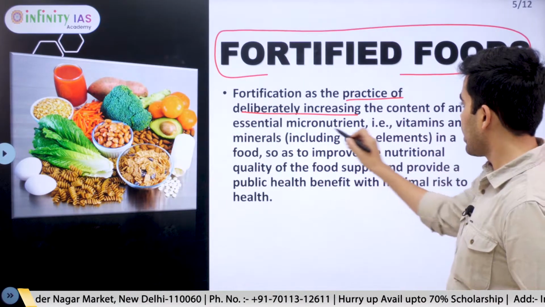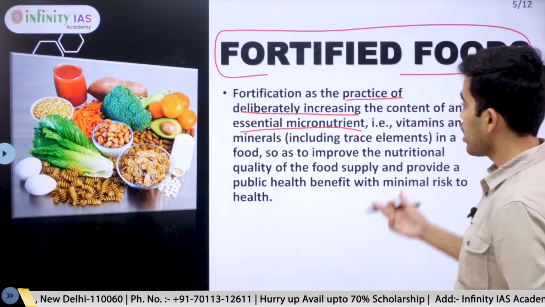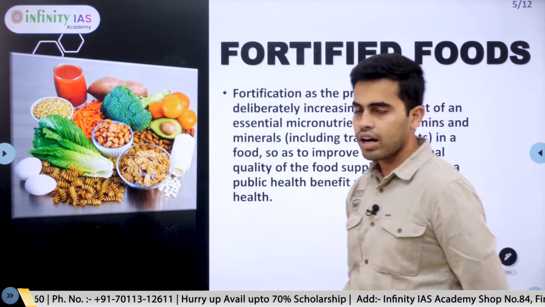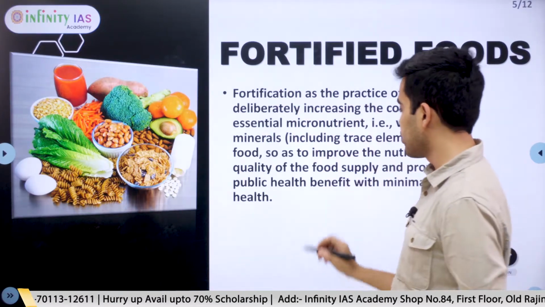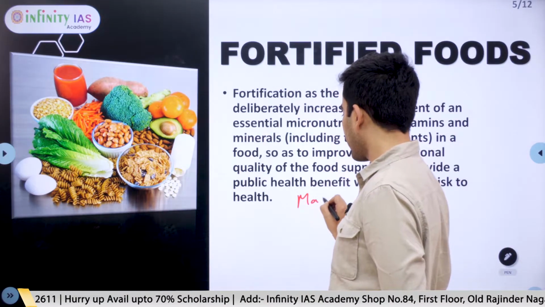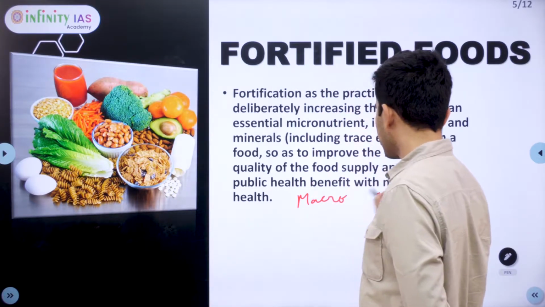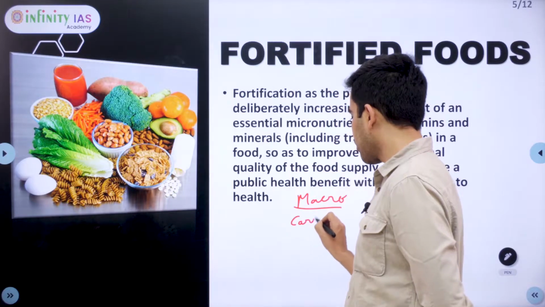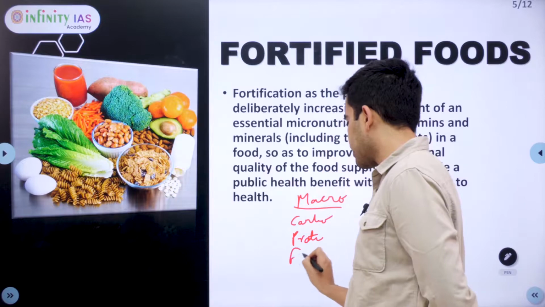Next comes the content of essential micronutrients. So what are micronutrients? Here we need to understand there are two types of nutrients important for the human body, that is macronutrients and micronutrients. Macronutrients include our carbohydrates, proteins and fats.